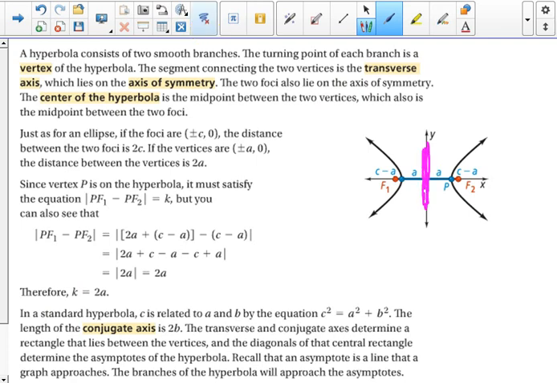Okay, so if the length of the conjugate axis is 2b, and they gave us a length of 6, then we know this would be at 0, 3, and this one would be at 0, negative 3. Right? If they tell us the length is 6, then you divide it by 2, and this side's going to be half of it, and that'll be the other half. So when we get those, we'll learn to quickly graph these hyperbolas.